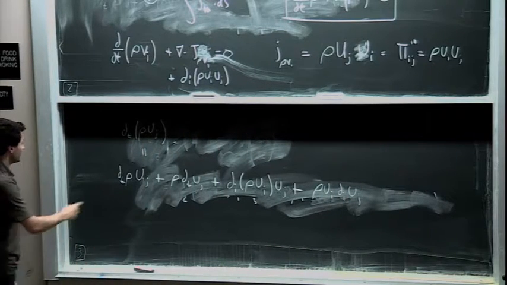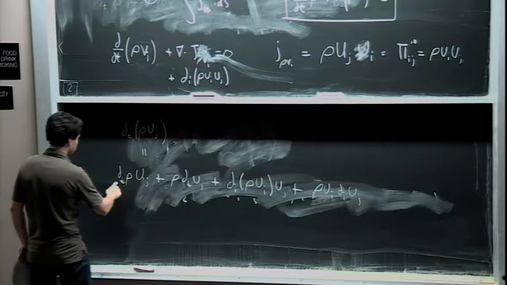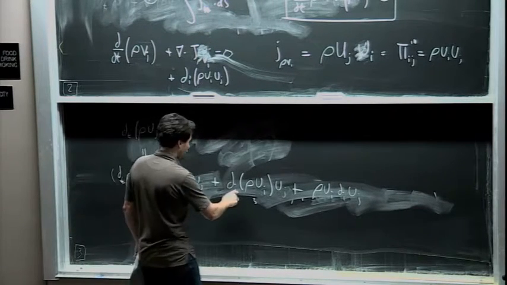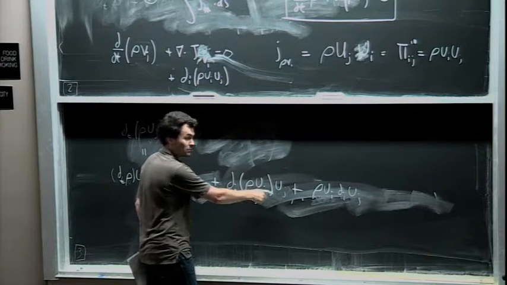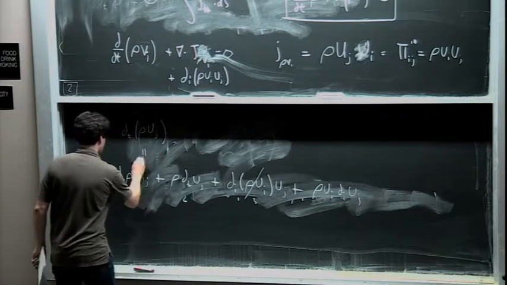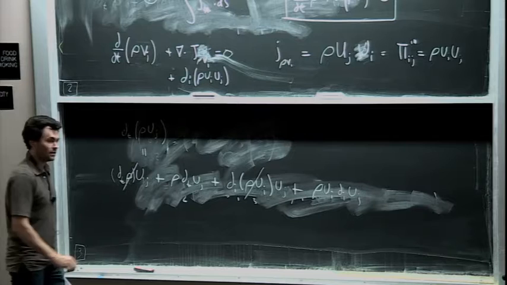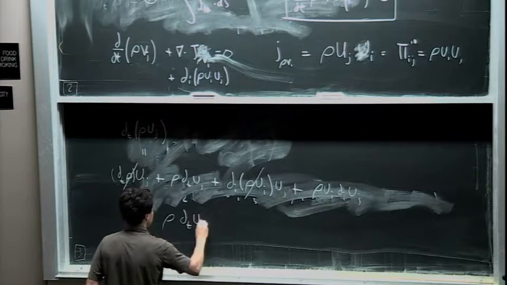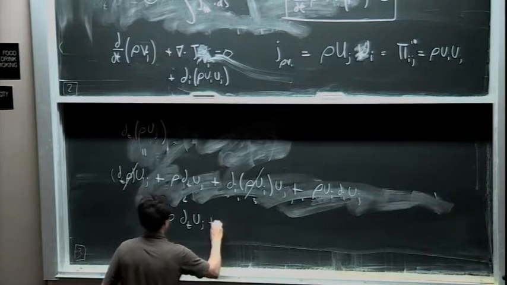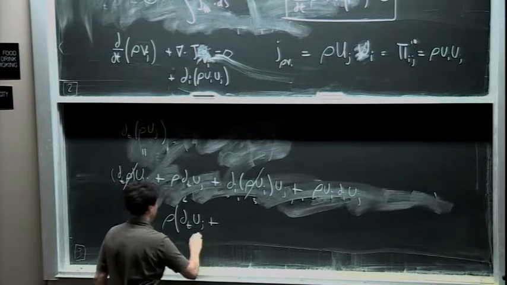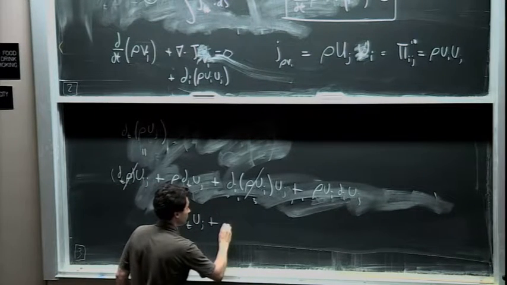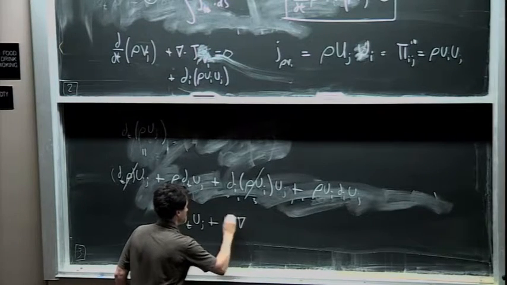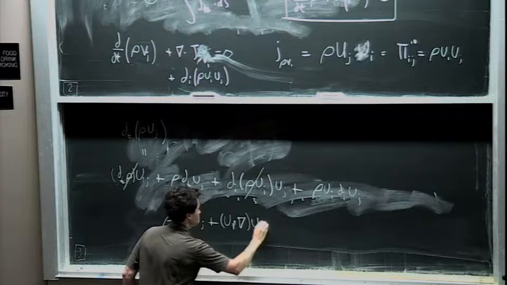Okay, and you'll recognize immediately that this part over here has a dt rho multiplying uj, and here we have a div of rho v multiplying uj. So by the conservation of mass, we can just eliminate these, and what we're left with is rho dt of uj plus ui, basically u dot grad of uj. Okay.